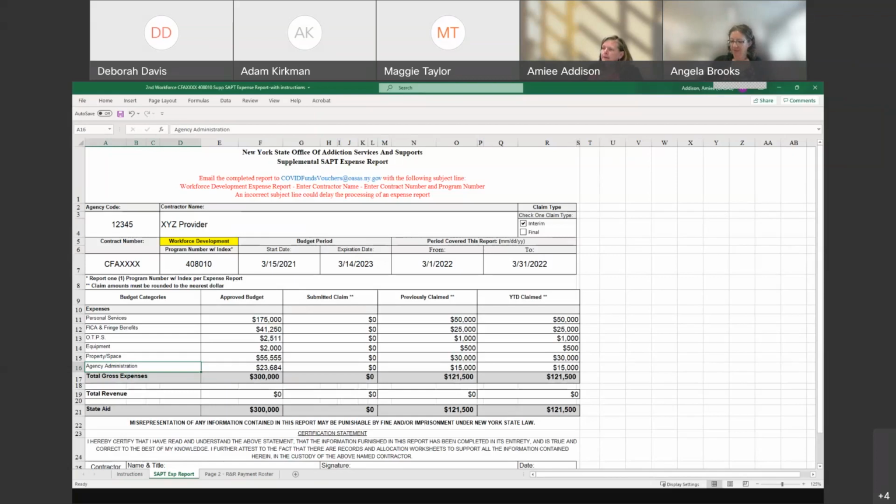That's correct, except if you have recruitment and retention under personal services, then you would need to complete the recruitment and retention payment roster and include that. And you should be maintaining any documentation for PS, fringe, or agency admin at your location.